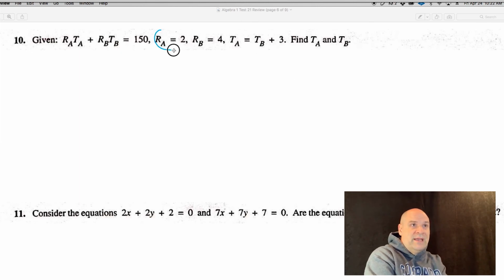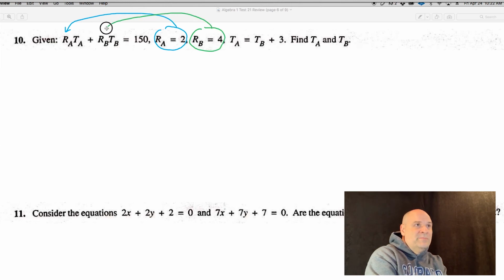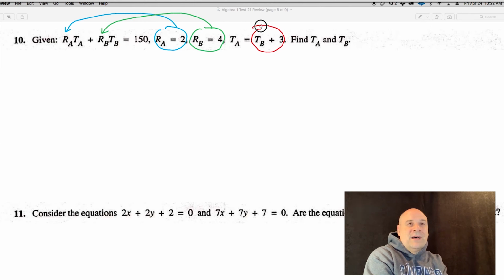RA is 2, so that's what we're going to plug in for RA. RB is 4, so we're going to plug in 4 when we see RB. And then TA equals this guy. It's not a number, but we can plug it in for TA because TA equals TB plus 3.